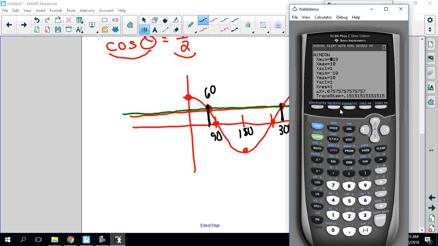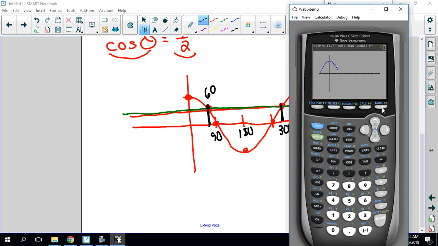Now 0 to 360, let's go minus 90 to 450. Well, that'd be stupid to go every ticks of 1. 15 degrees is a really cool number in trig class if you're cheating like this. Now cosine is between minus 1 and 1 because I know what the graph looks like. So minus 1.5 to 1.5 graph.